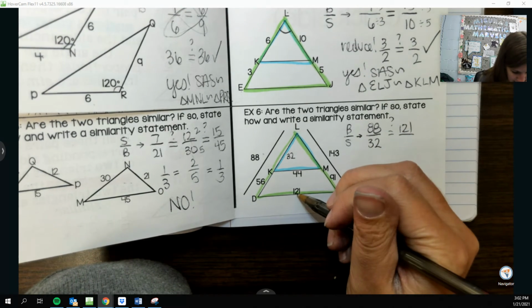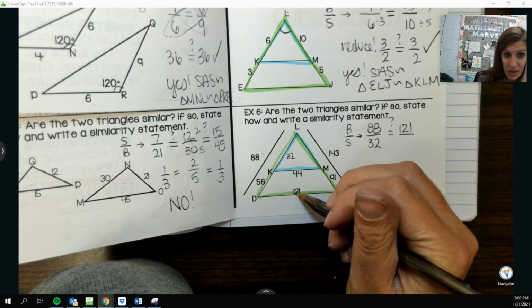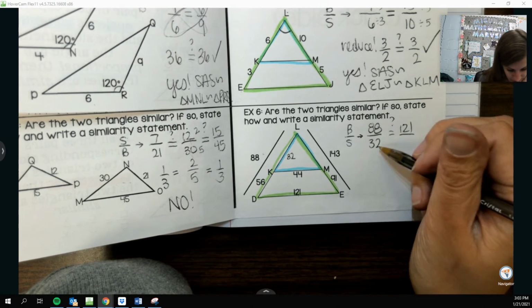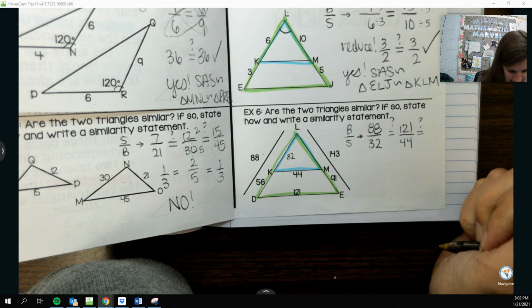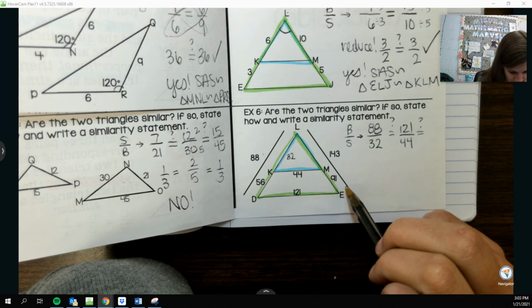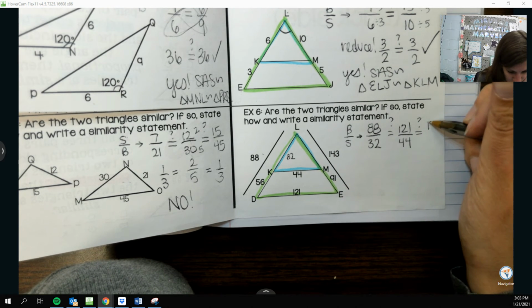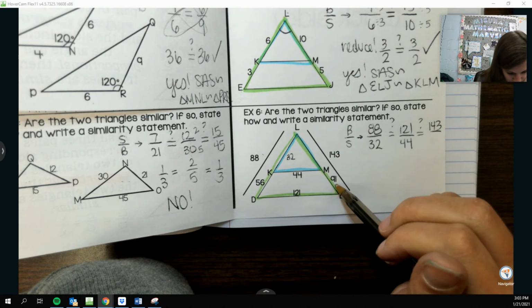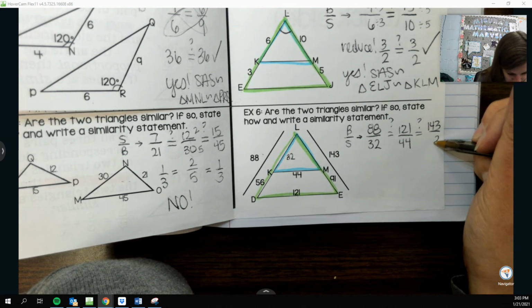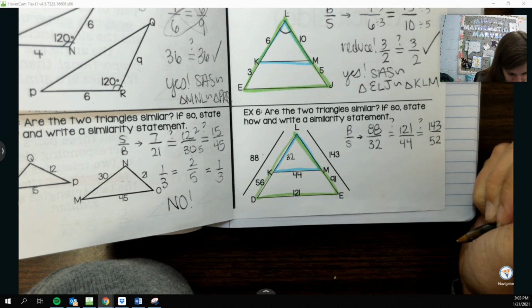Is that going to be the same as the corresponding side to it, which will be the 44? And then is that going to be the same as the biggest ratio, which is 143 over this little blue one, which I don't know, but if I do 143 minus 91, that's going to be 52.